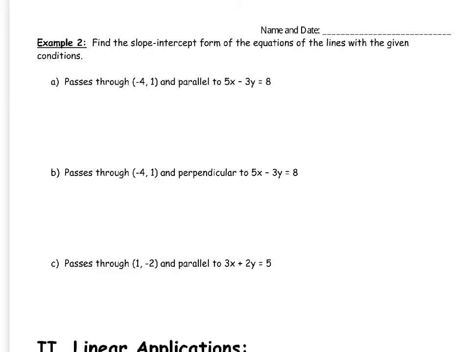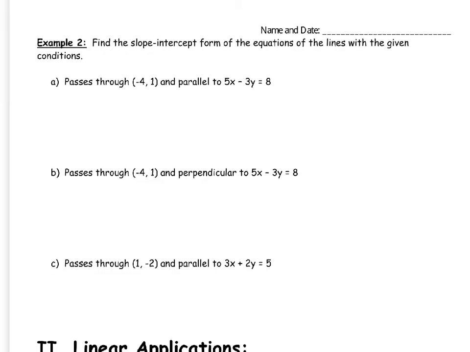Well, to get a better idea of its slope, we're going to need y by itself. So we're going to get this equation into slope-intercept form first, and I've shown you that here. I first move the 5x to the right side by subtracting it, and then I divide everything by -3, and my resulting slope-intercept form equation is shown here.